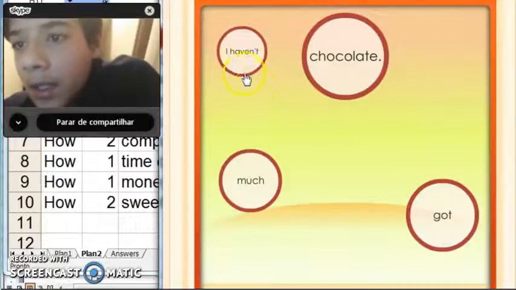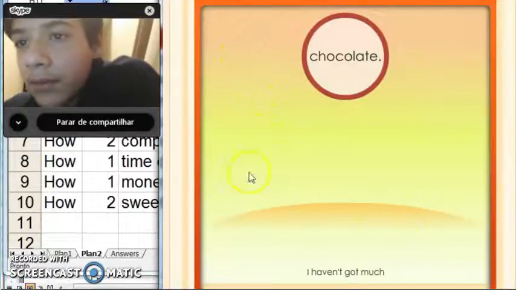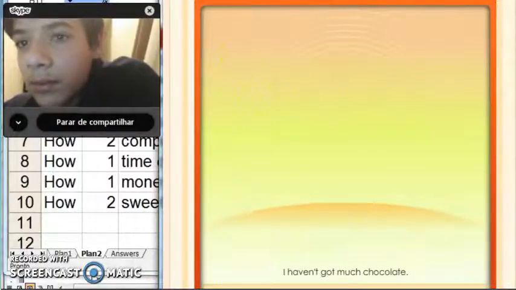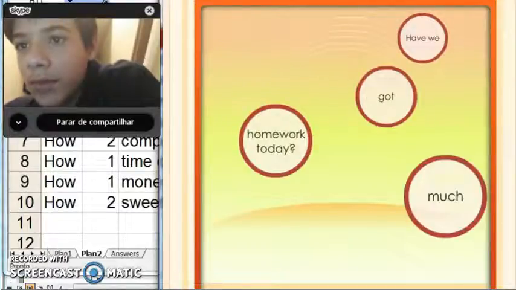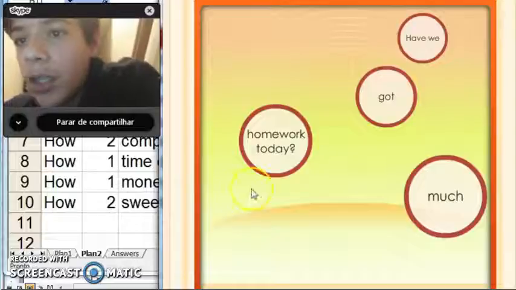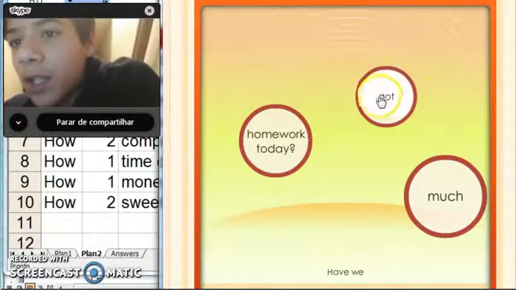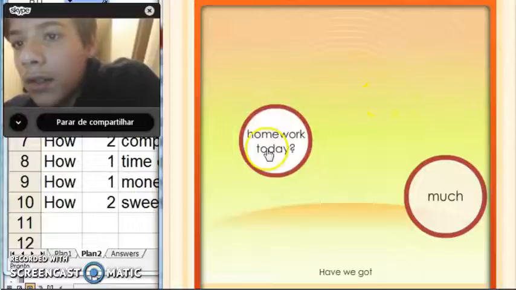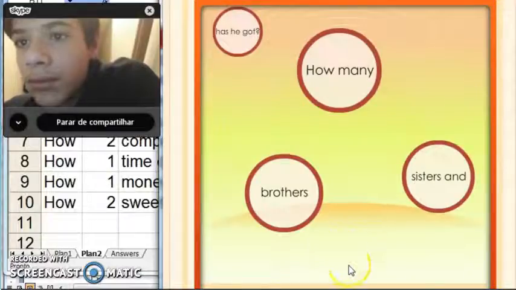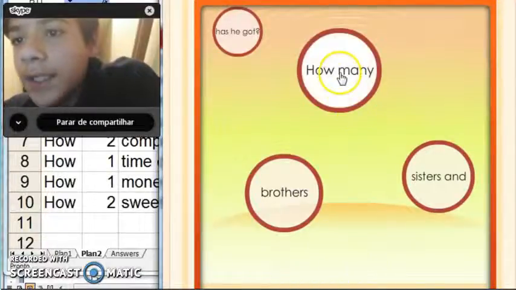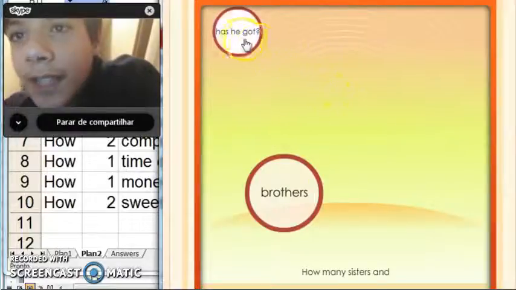I haven't got much chocolate. Have we got much homework today? The last one. How many sisters and brothers has he got?